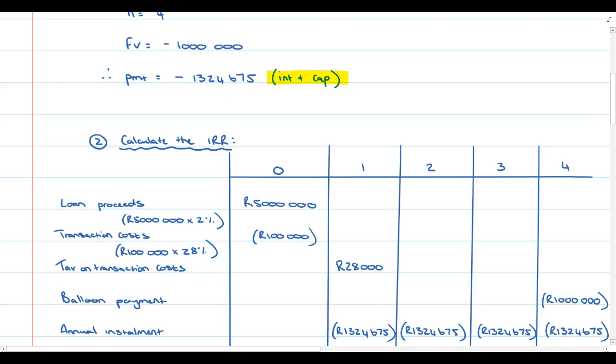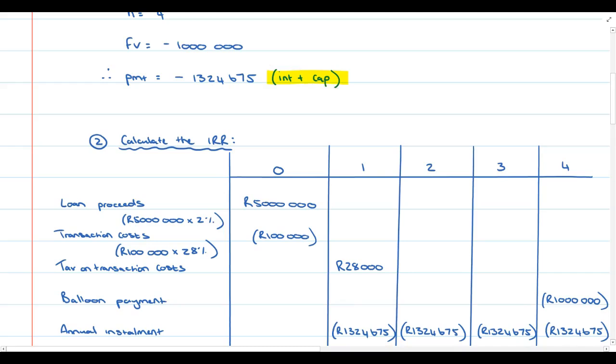The capital portion is not deductible for tax purposes, so we don't need to worry about that. However, the interest portion is deductible for tax purposes. So what we need to do is determine what portion of this installment is interest and what portion is capital. Because on the interest portion, we are going to have a tax saving at 28%.